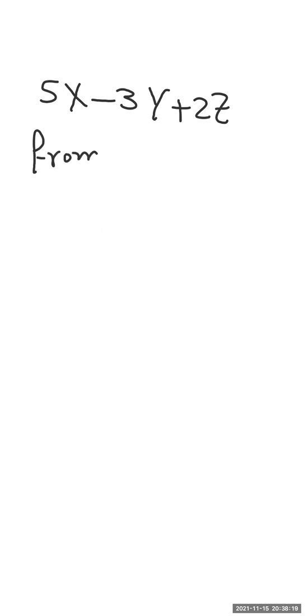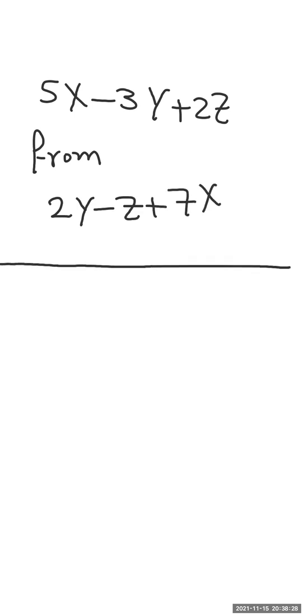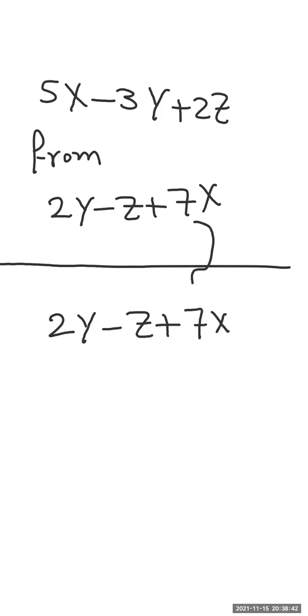So again, one more time: if I want to subtract 5x minus 3y plus 2z from 2y minus z plus 7x, as we explained before, subtracting a term from a term means the second term minus the first term. So it will be 2y minus z plus 7x, which is the second term, minus this one.